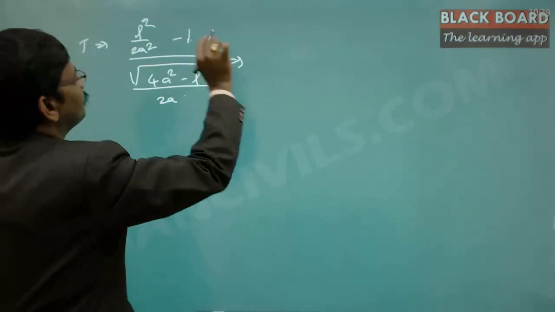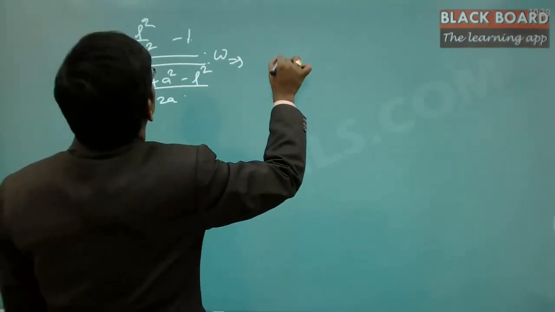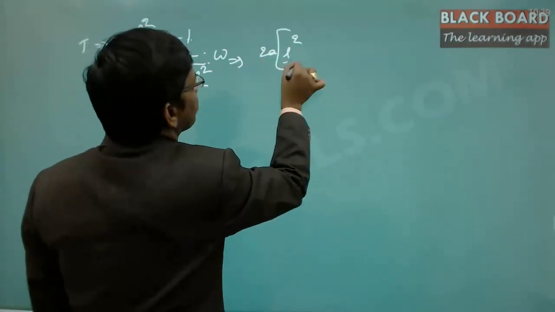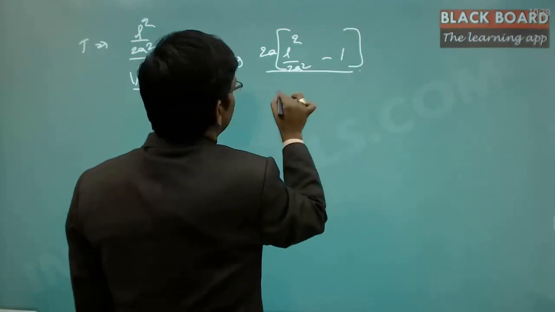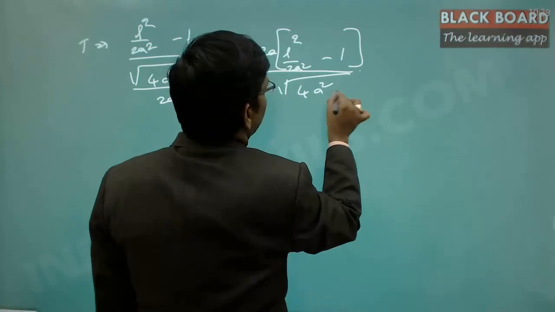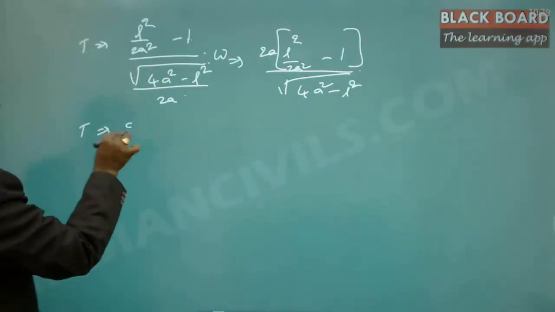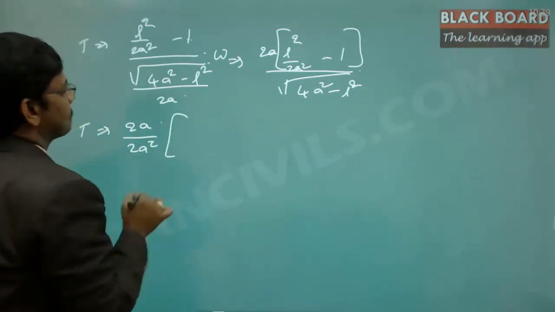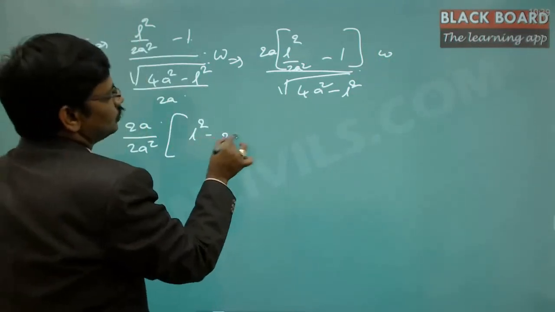So if you multiply, this is times W. So T is equal to 2a times (L square minus 2a square) divided by 2a square, divided by the square root of (4a square minus L square).